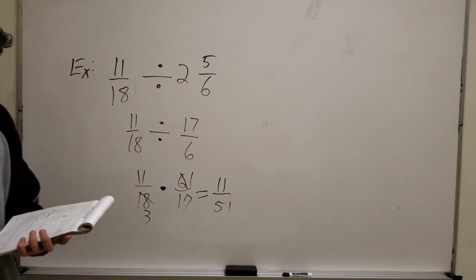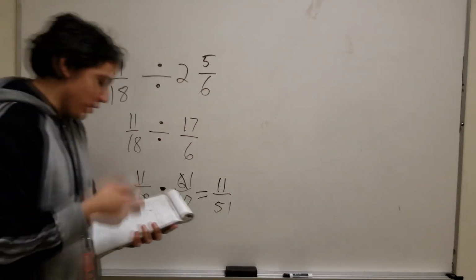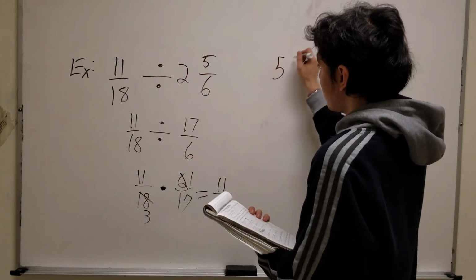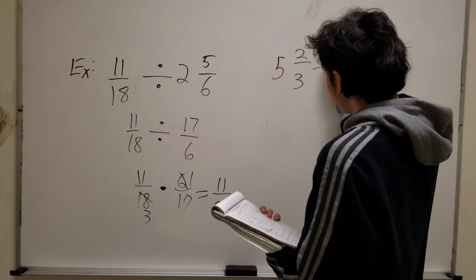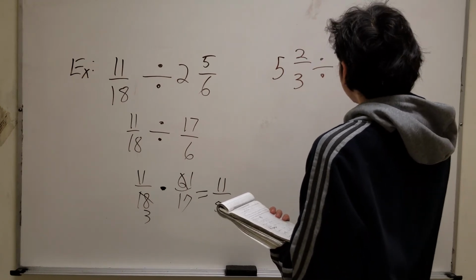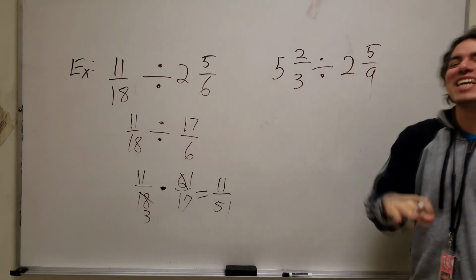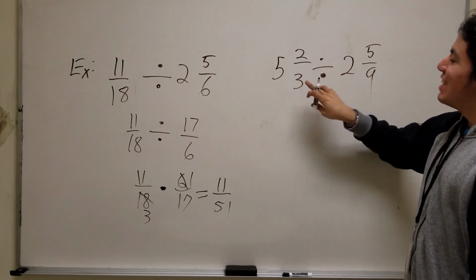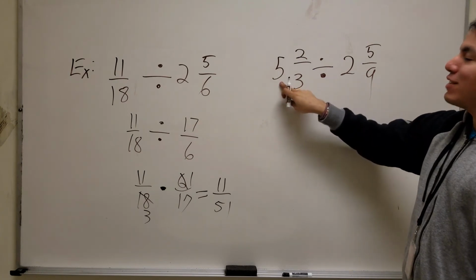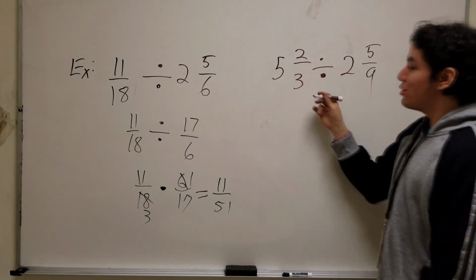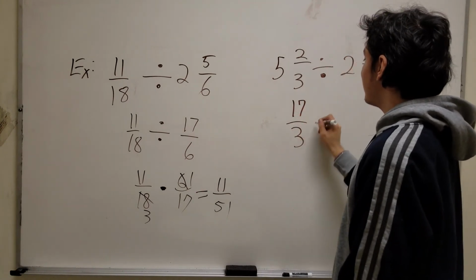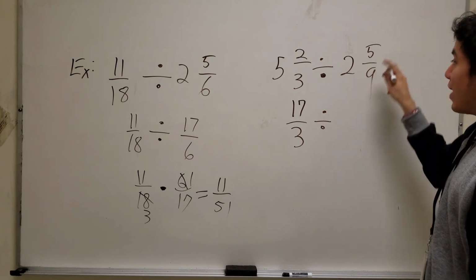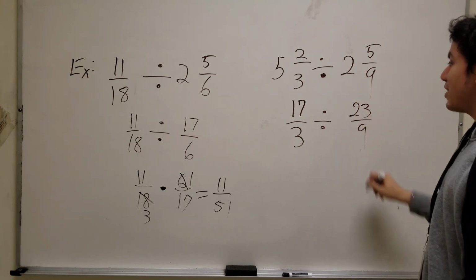So let's do one more. Why not? Let's do one hard one. What happens if they're both mixed numbers, you're probably telling me. And I'll give you that for homework. No, I'm kidding. We'll go over it right now. 3 times 5 is what? 15 plus 2 is 17 over 3, divided by 9 times 2 is 18 plus 5 would be 23 over 9.